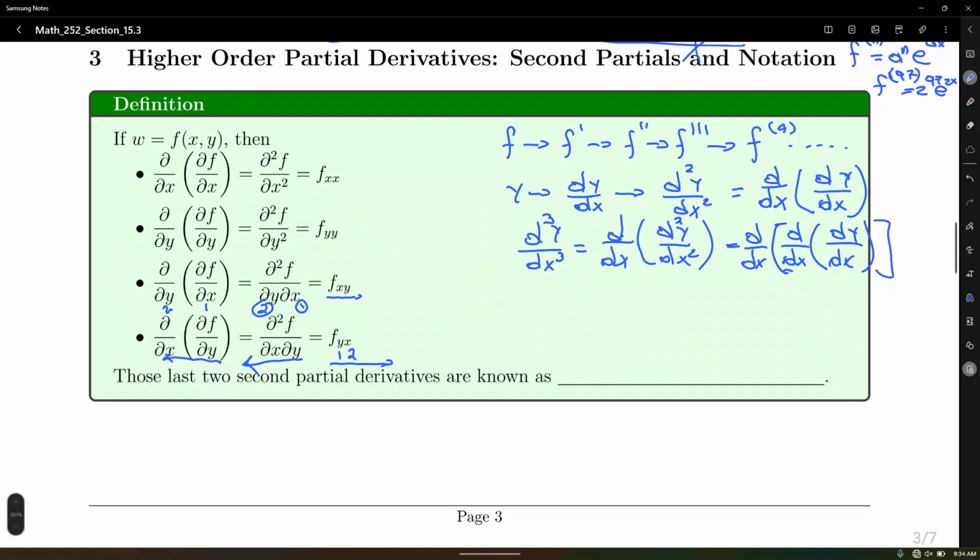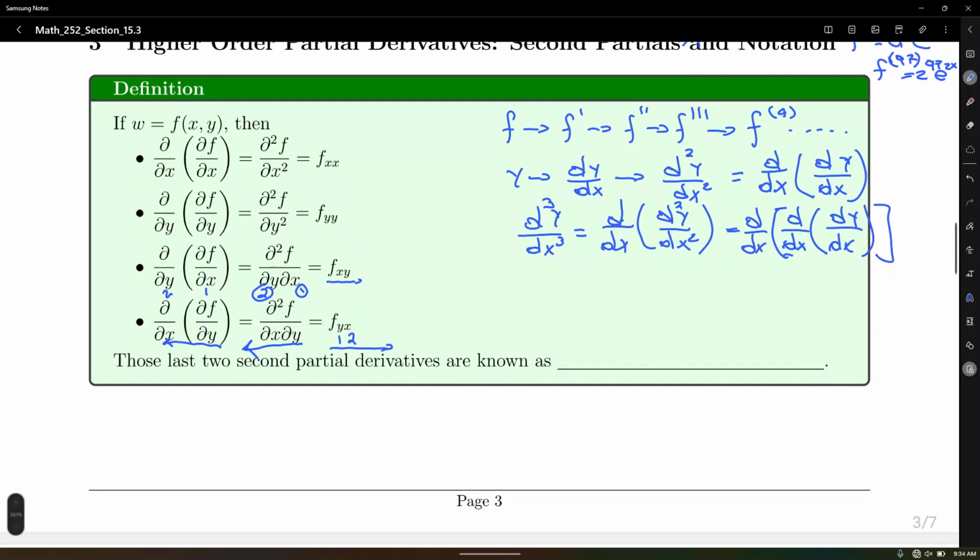All right, let me make something crazy here. What if you had a function of x, y, z? Some function of x, y, z. And we want to take the following partial derivatives. So f with respect to z, and then with respect to z, then with respect to x.